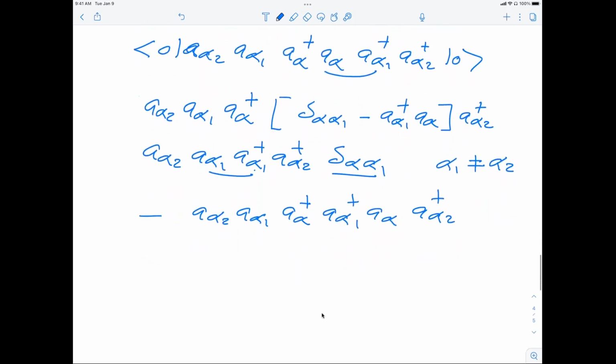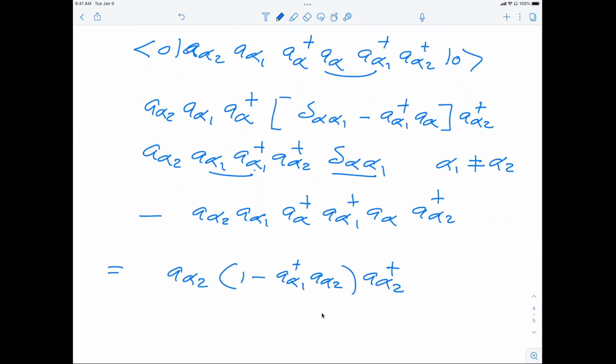So let's now look at the first term first. So this is going to be equal to a alpha 2, and then I have a 1 minus a alpha 1 dagger, a alpha 2, multiplied with a alpha 2. I'm leaving out the Kronecker delta, if that's okay with you guys, okay?